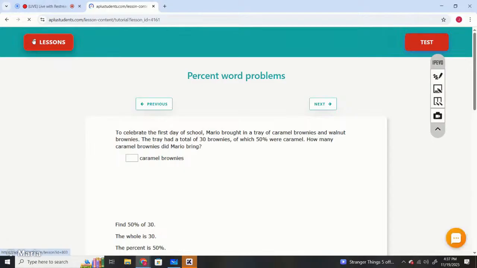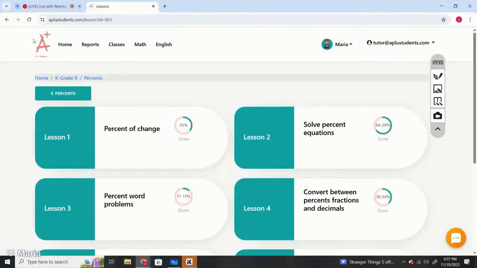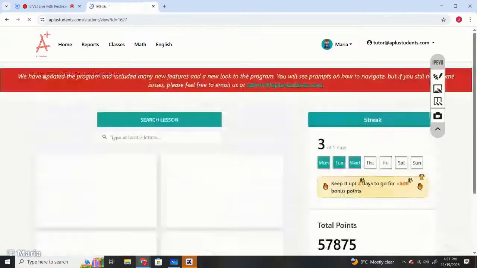The lessons we have covered today are percent of change, solve percent equations, percent word problems. So please make sure before the next session you complete all the practice questions for the lessons you just did. That is your homework until next session.